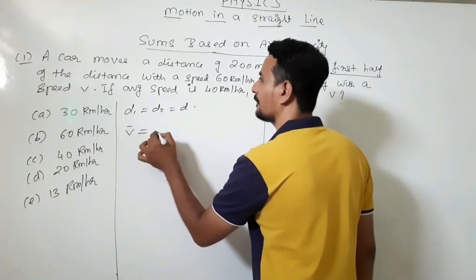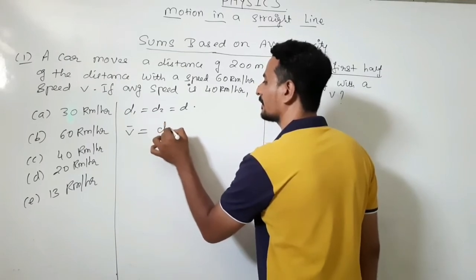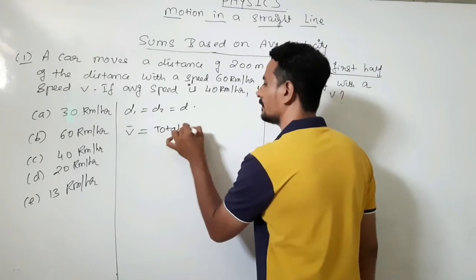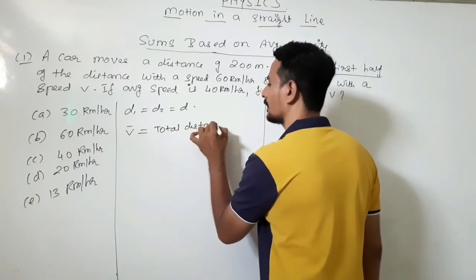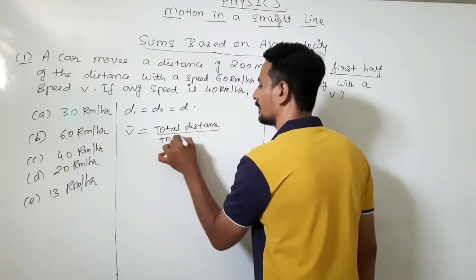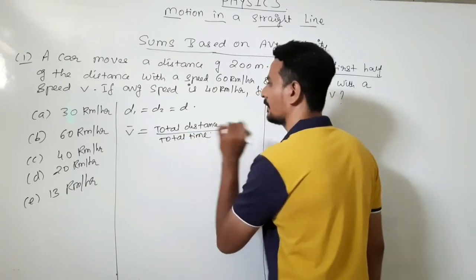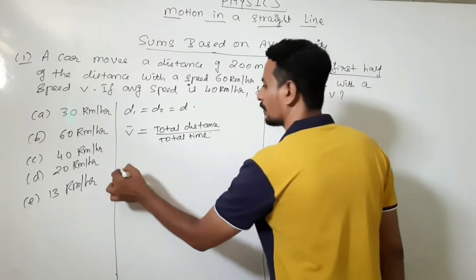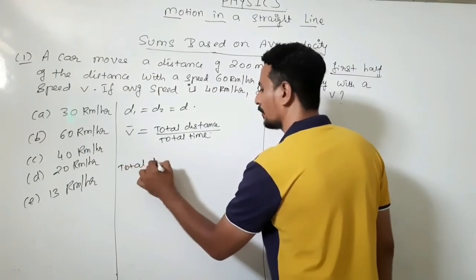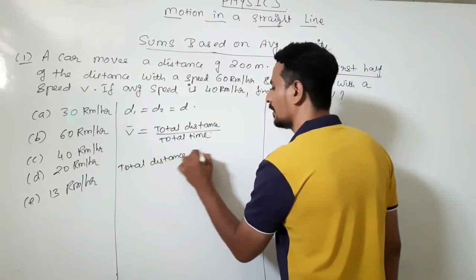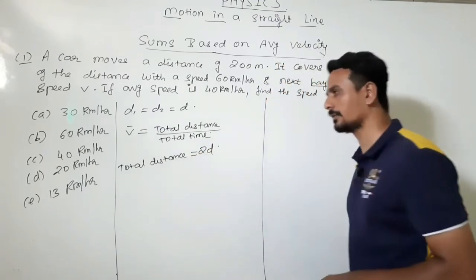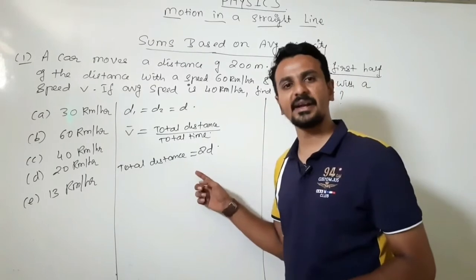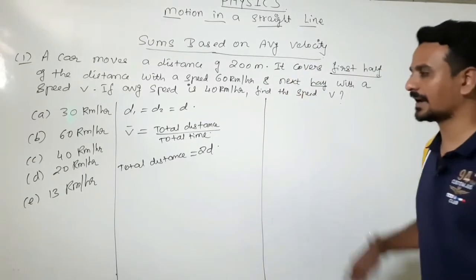Average speed is defined as the total distance by total time, right? Here, let the total distance be 2d. First half means distance will be d and next half will be again d.